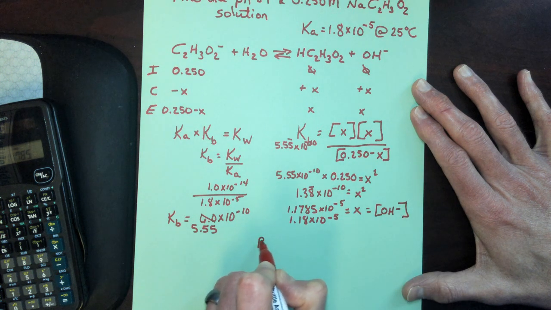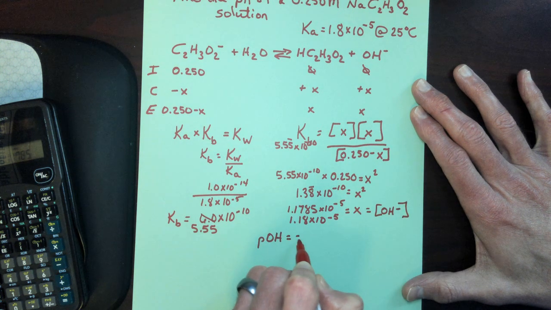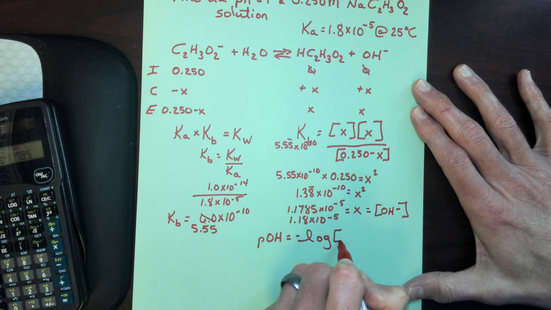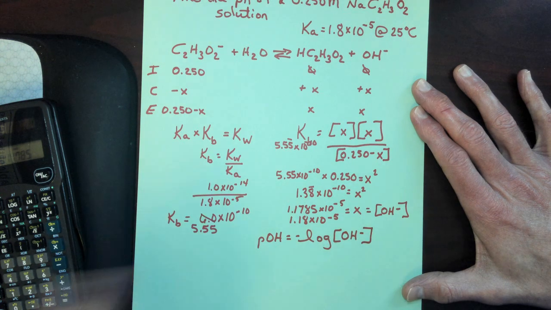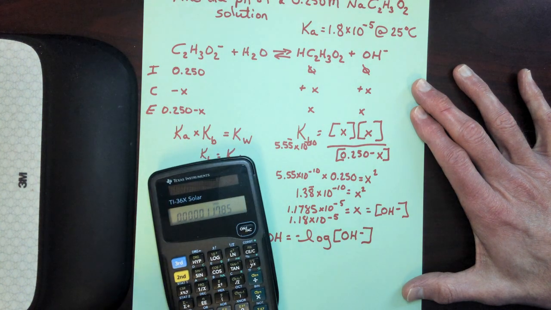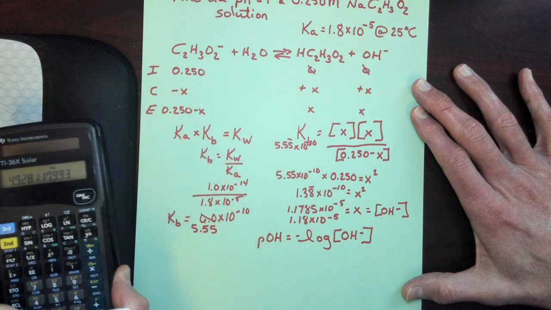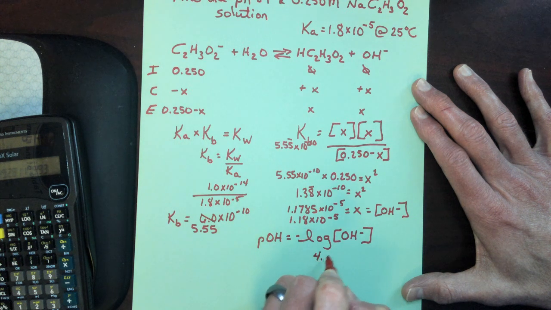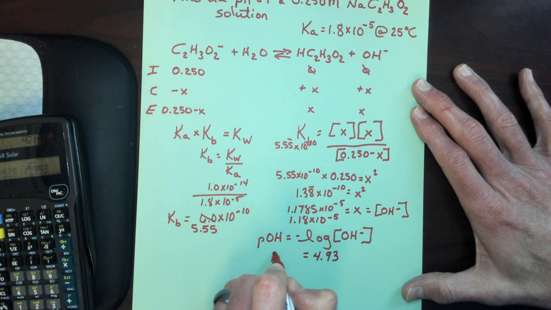So I can run a pOH. Negative log of 1.18 times 10 to the negative 5, and we get 4.93 as my pOH.